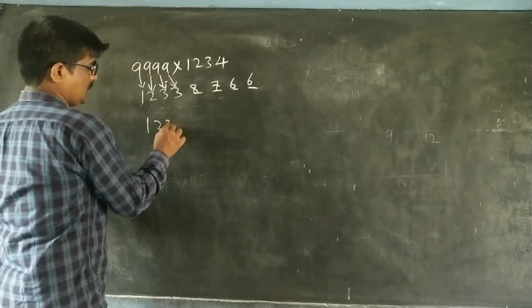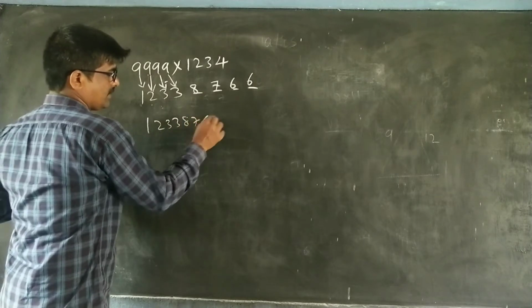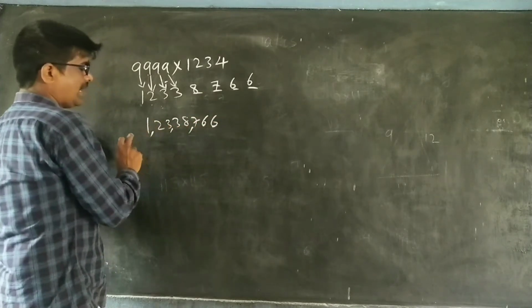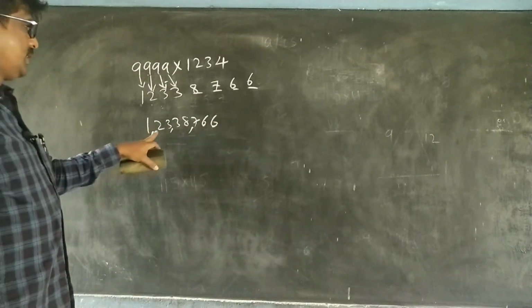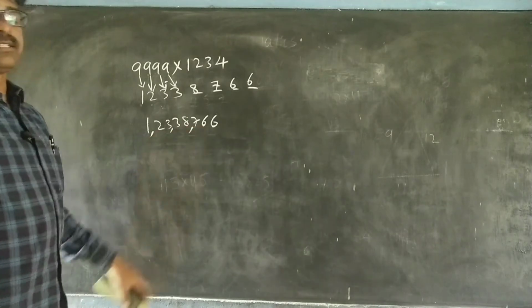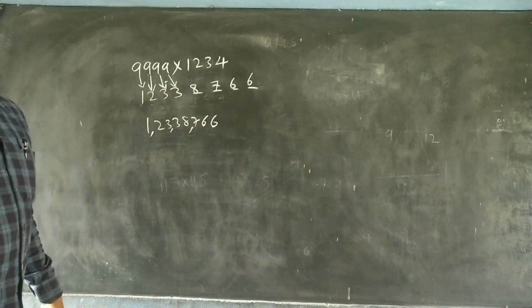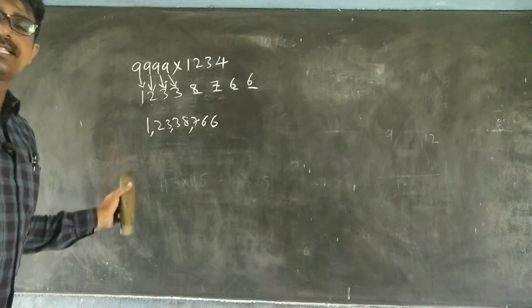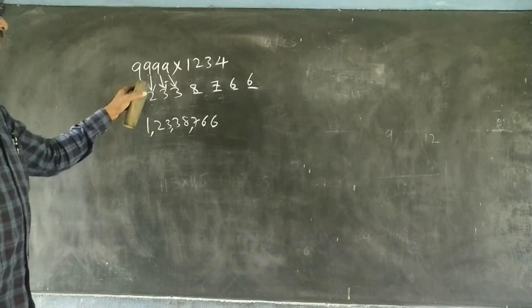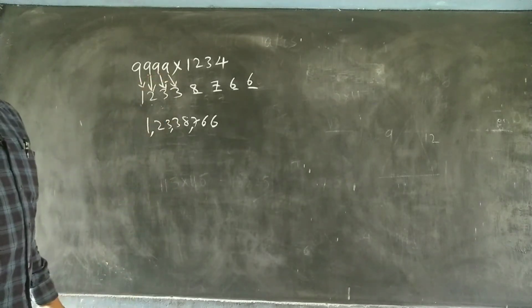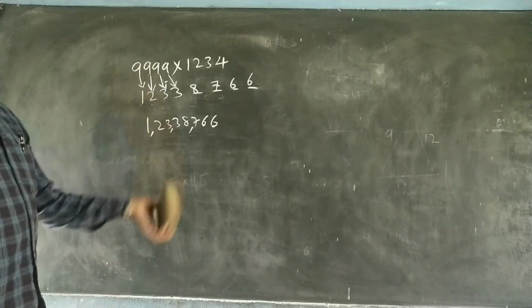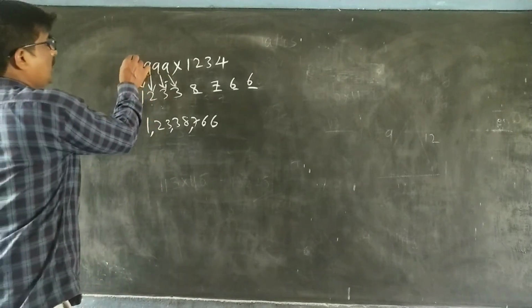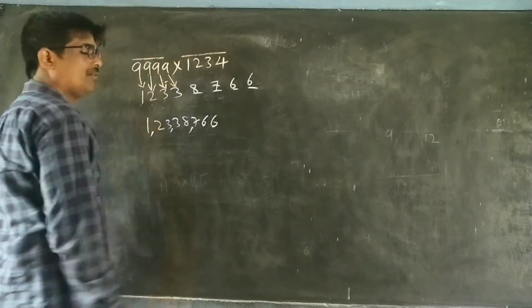So 1, 2, 2, 3, 8, 7, 6, 6. That is 1 crore 22 lakhs 38,766. This is the easy way to multiply with 9,999 or 999. Here the digits should be 4 digits, here also 4 digits.